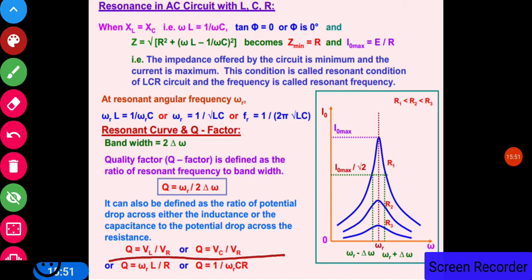The same expression can be reduced to omega R L upon R, because VL, in terms of the current, is I naught XL, so I naught XL is omega R L. So Q is omega R L upon R, or in terms of VC upon VR, this expression reduces to Q is equal to 1 upon omega R C R. So this is the quality factor.